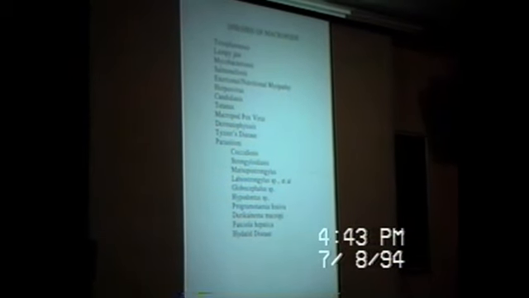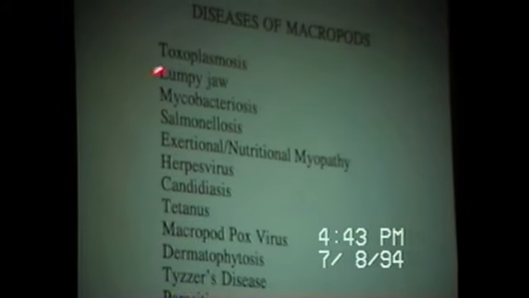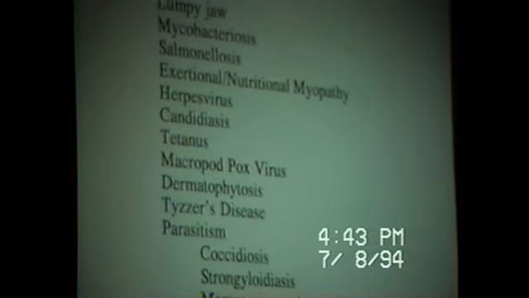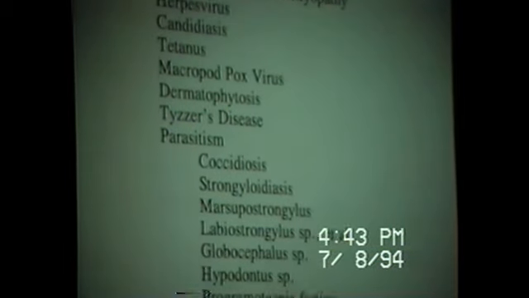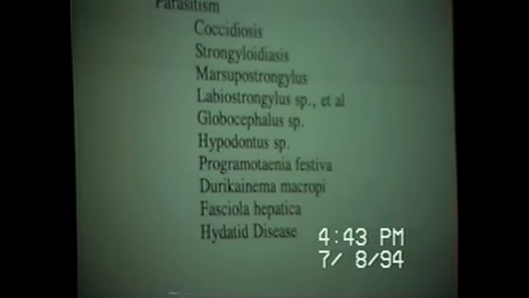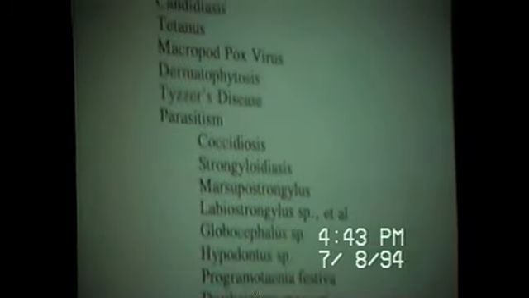The diseases of macropods, these are the main big ones that you'll find written up in the literature and which have been seen at both National and San Diego zoos. I'm going to talk about a lot of these, so I won't go into them right now, but some of the ones that we don't see so much in captivity are things like the herpes virus infections. There is marsupial herpes virus that affects primarily the diprotodonts.